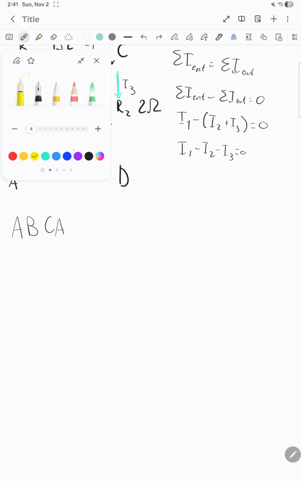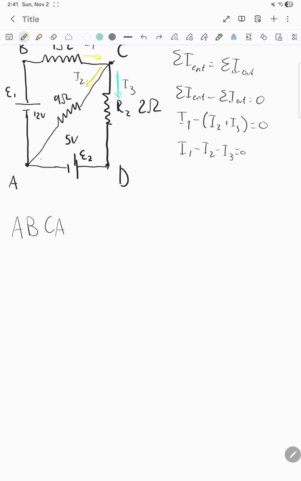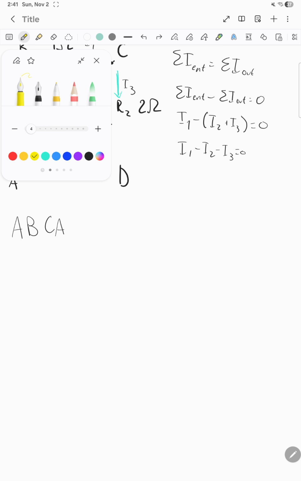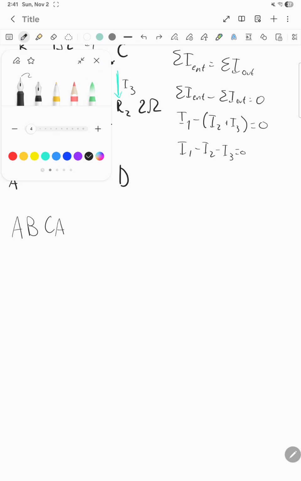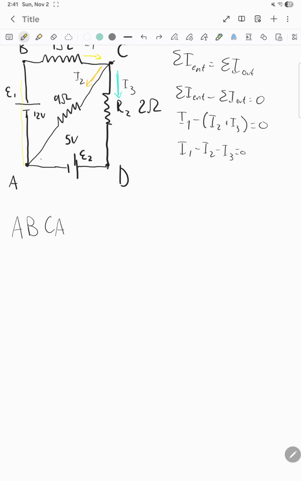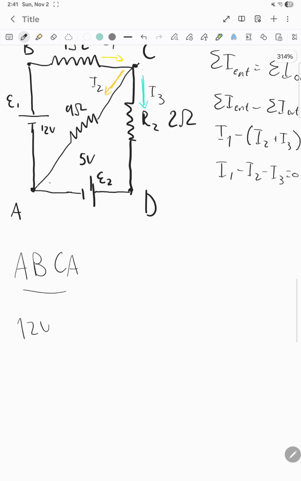We'll just follow the current, and we'll go yellow and then change color when we need to. So the current goes like this. That means we'll go 12 volts because we go like this. It's positive 12 because we go from negative to positive. So it goes 12 volts.